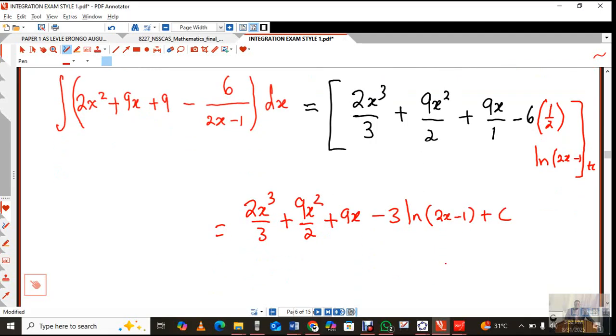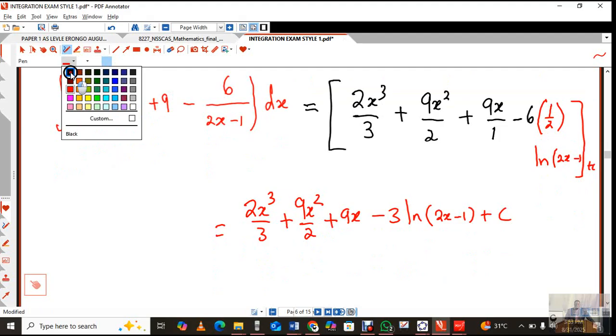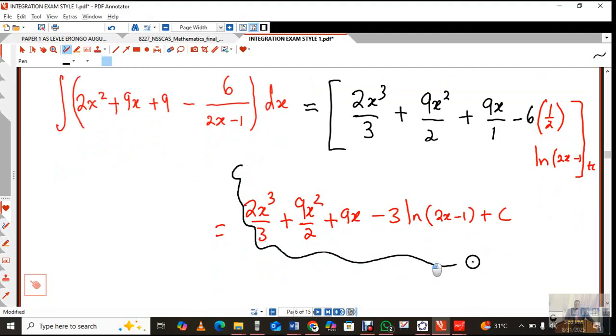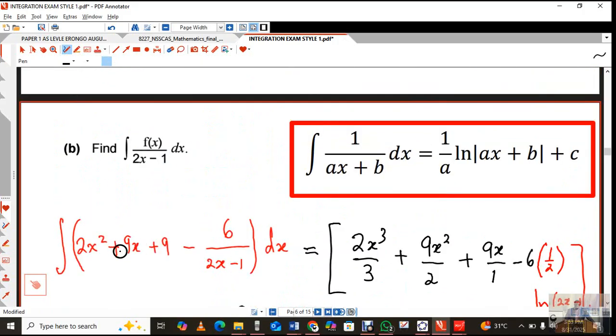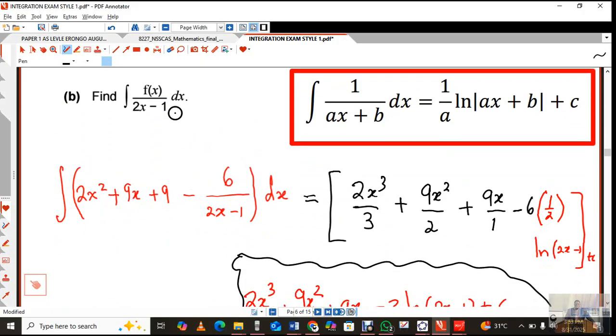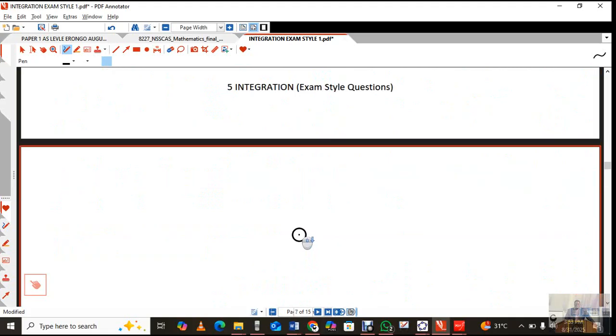That is how that particular question B, that is how you're supposed to do that. All right, so I just thought I must explain all that before, as you're busy with integration, you might not really know how to integrate something like that. But f of x, you have to use that, because it's that over 2x minus 1, and then 2x minus 1 go into f of x, giving you that. So you need to integrate that.